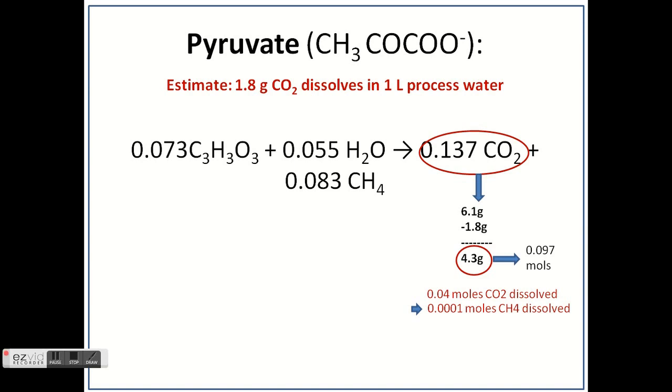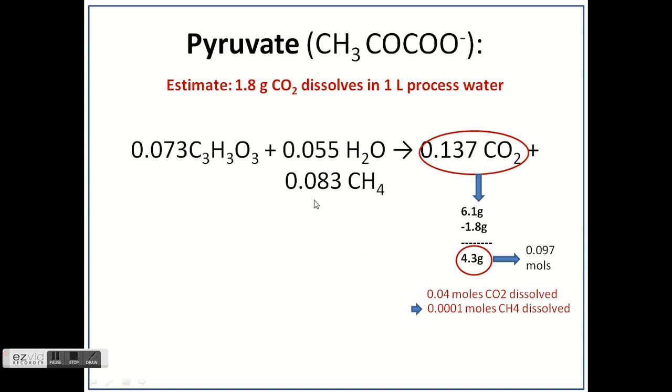Now the solubility of carbon dioxide relative to methane is about 400 to 1. So carbon dioxide is way more soluble in water at ambient condition than methane. So if 0.04 moles of carbon dioxide dissolves, then we anticipate that 400 times less methane will be dissolved, which is 0.001 moles of methane, which is negligible.